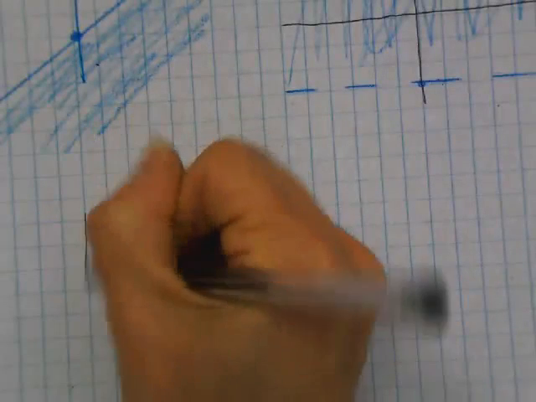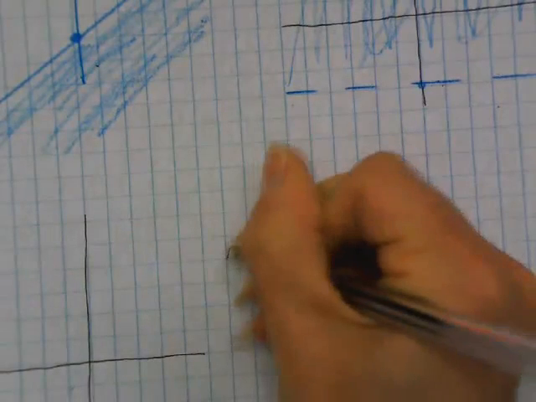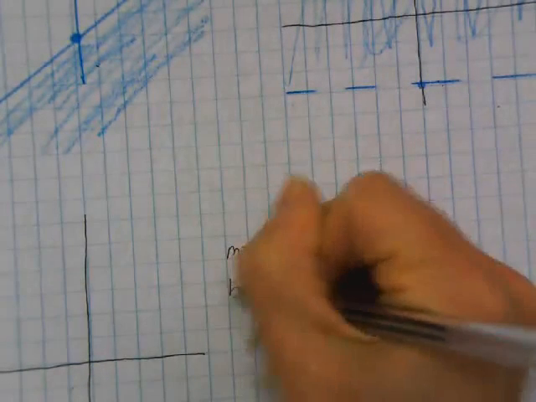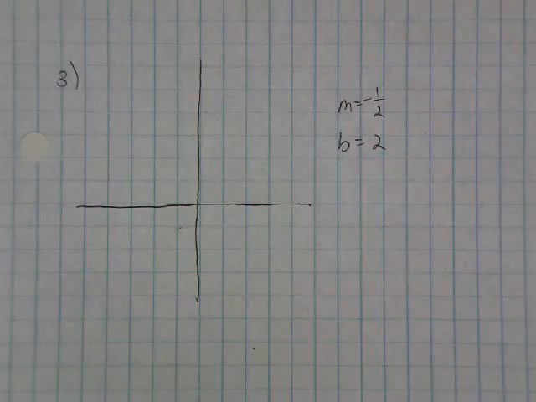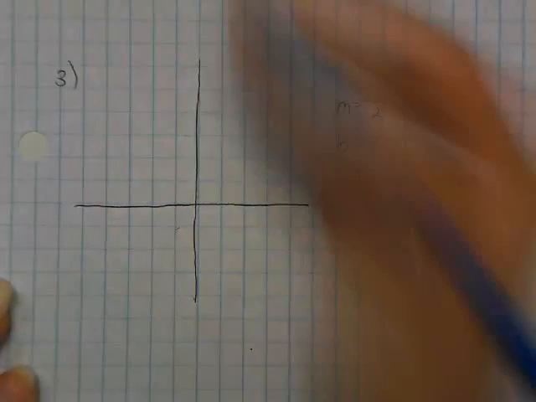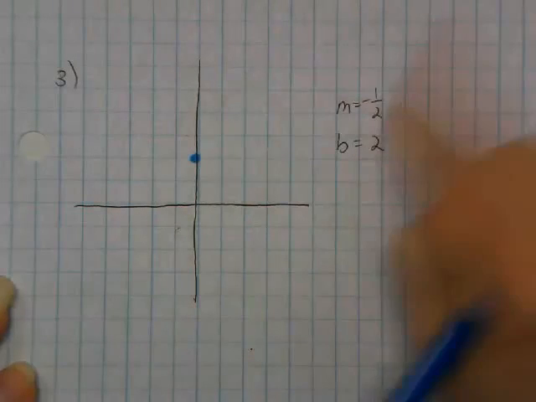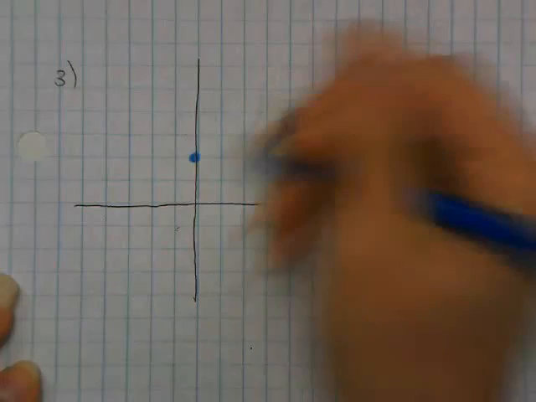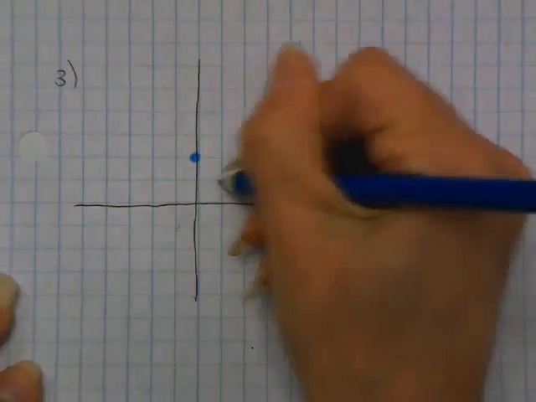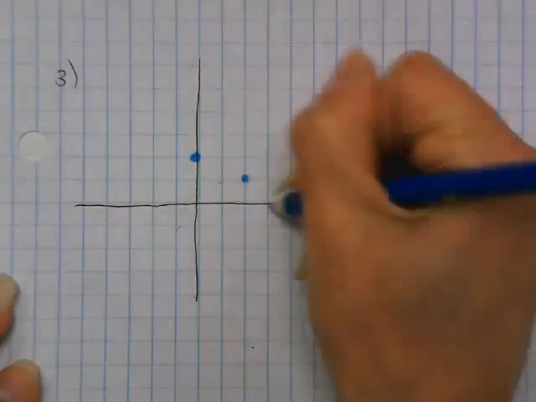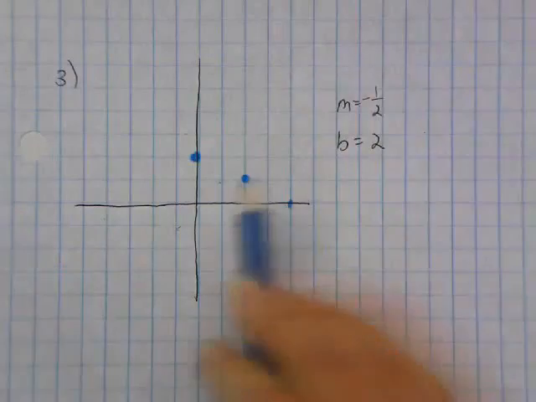So I'm going to come to my graph. I have a slope of negative 1/2 and a y-intercept of 2. My y-intercept is the first thing I'm going to graph, at 2. I have a slope of negative 1/2, so this time I'm going to fall 1, run 2. Now, you really only have to put one dot.